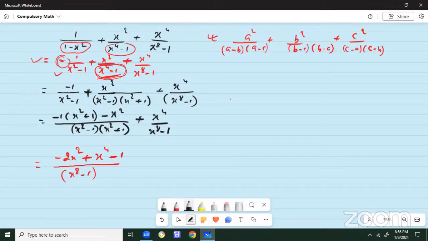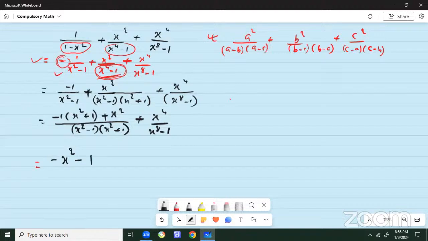If you haven't done this one, then what we will get here is plus x squared, right? That's why I was waiting for the response, what my students would say, whether we are doing correctly or not.